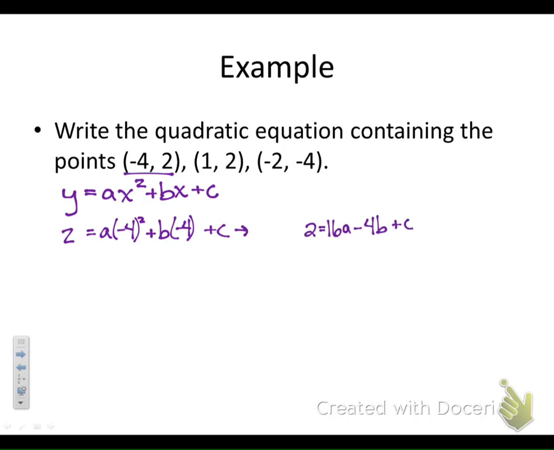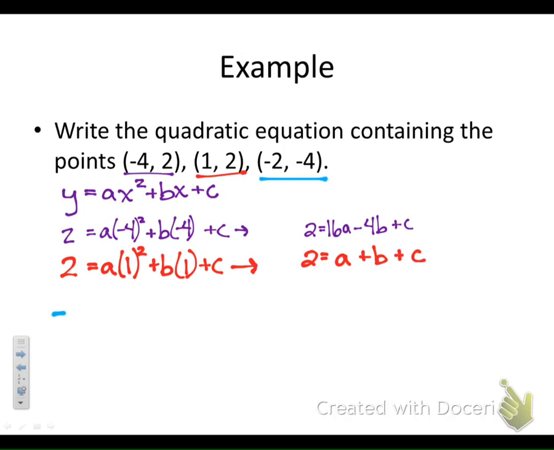Using the second point, (1, 2), I plug 2 into the y coordinate and 1 into each x, and use this as my next equation. For the third point, the x coordinate is -2 that I'm plugging in, and I get a new equation.